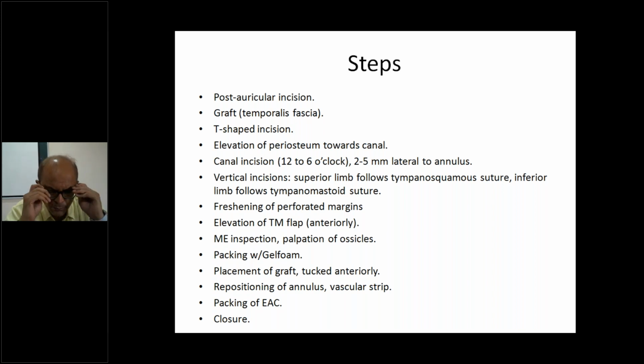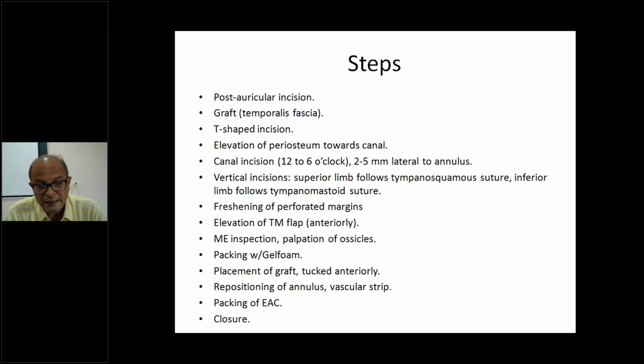Middle ear space is very much required so that air can come and the middle ear mucosa may get healed. Tucking of the graft anteriorly is done in a few cases where you find the rim is very small. Then repositioning of the annulus and the tympanomeatal flap, packing the external auditory canal, and closure.